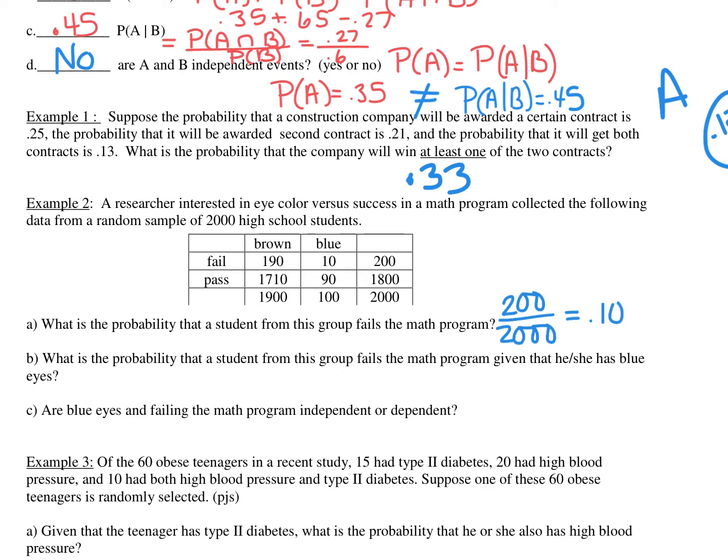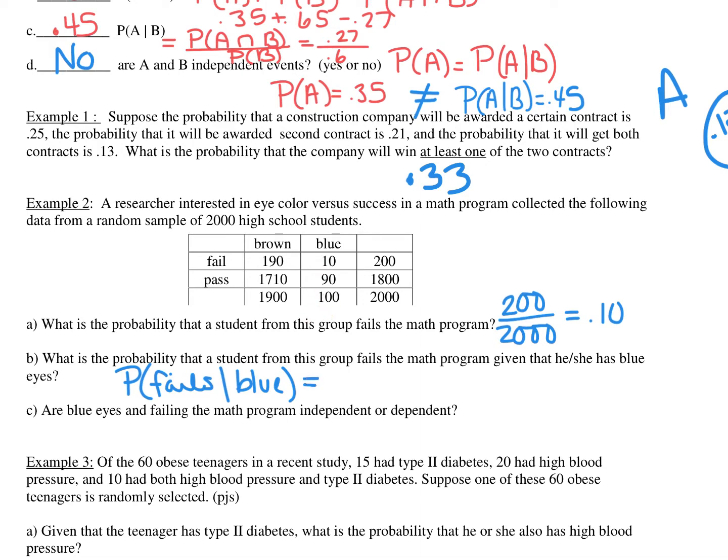In B, what is the probability that a student from this group fails the math program, given, so put that vertical line, that he or she has blue eyes? So some students like to think of this logically. You can also use your formula. So fails given that they're blue, well, there's 10 fail out of 100.